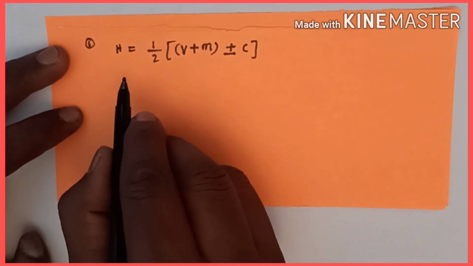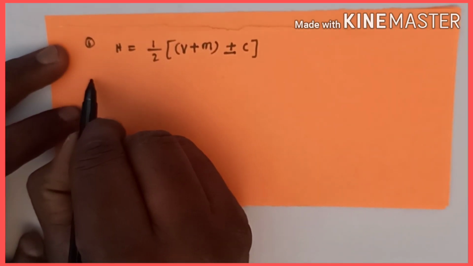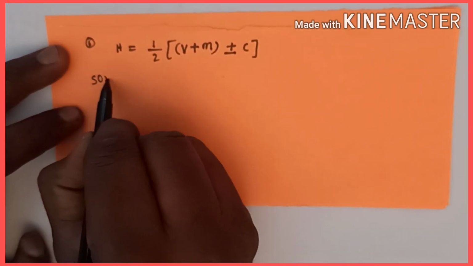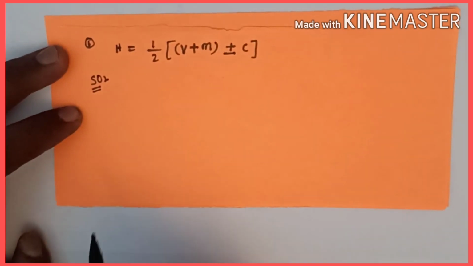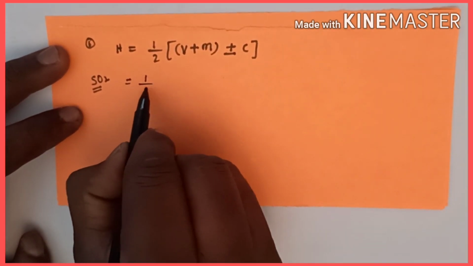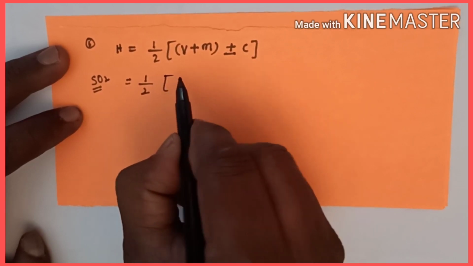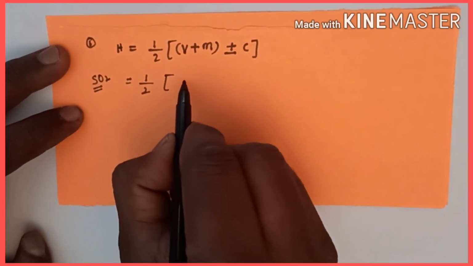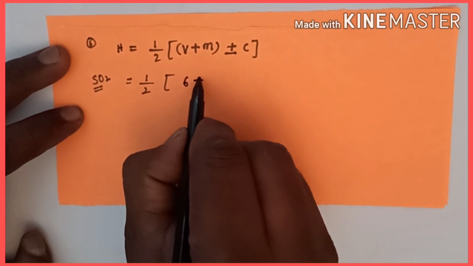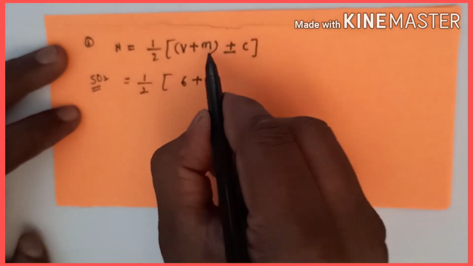Now in this method, let us find the hybridization of SO2. Here, half into the valence electrons of sulfur, 6.